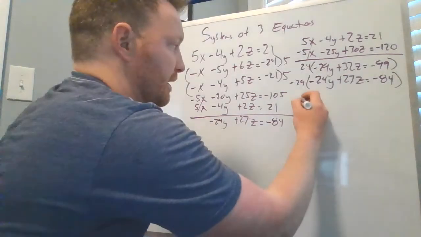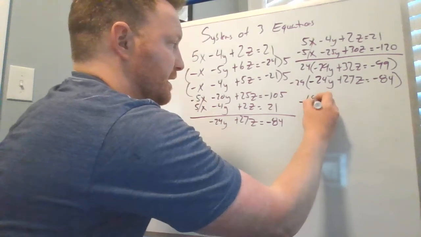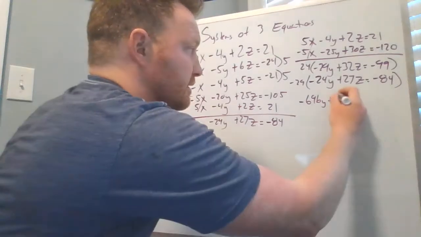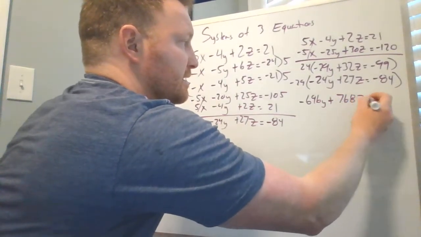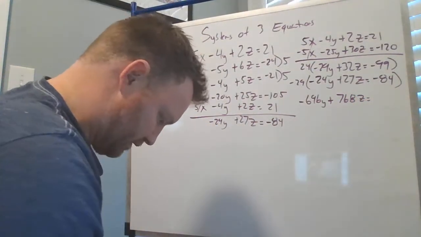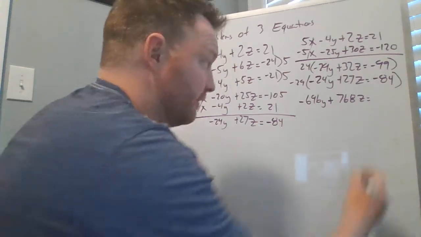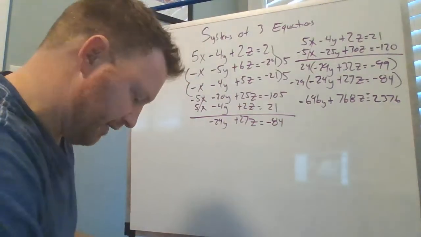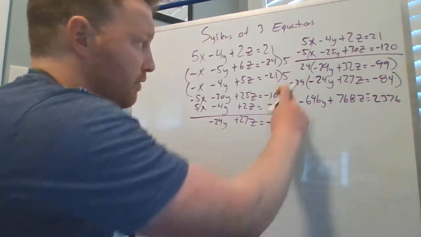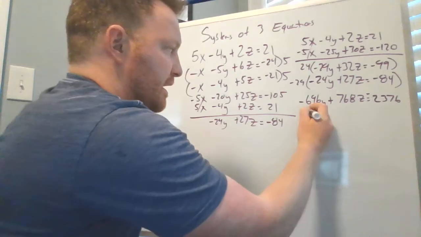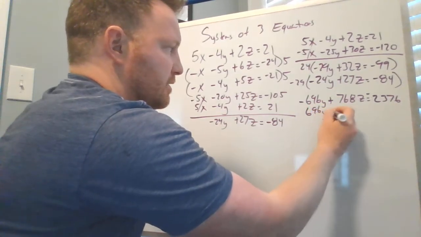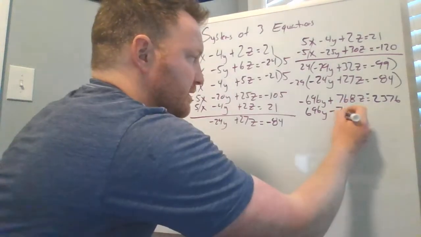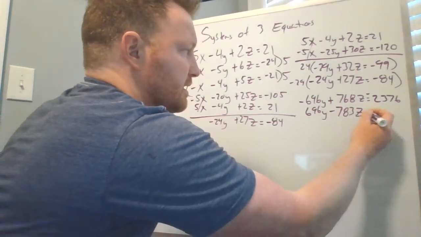So when I do that, I'm going to get a negative 696y plus 32 times 24 is 768z, and 24 times negative 99 is negative 2,376. That's a negative 2,376. When I multiply this guy across all of this, I get a 696y minus 27 times this is negative 783z.